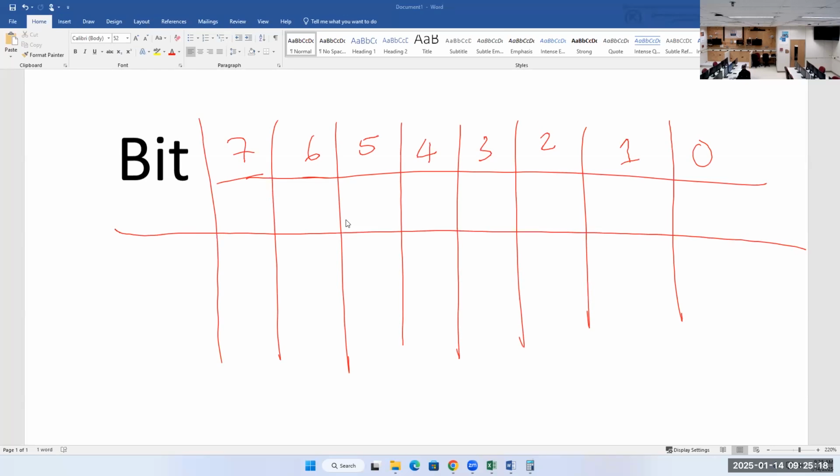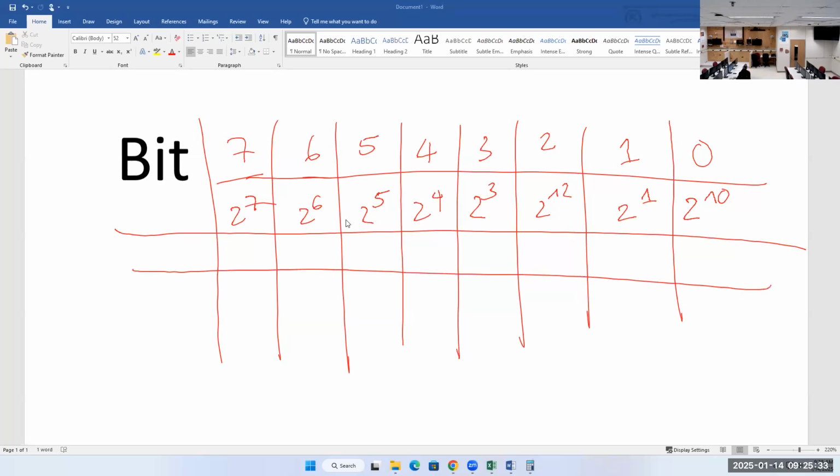I have to know the value of each column: 2 raised to the power 0, 2 raised to the power 1, 2 raised to the power 2, 2 raised to the power 3. So the values for these columns are 1, 2, 4, 8, 16, 32, 64, and 128.